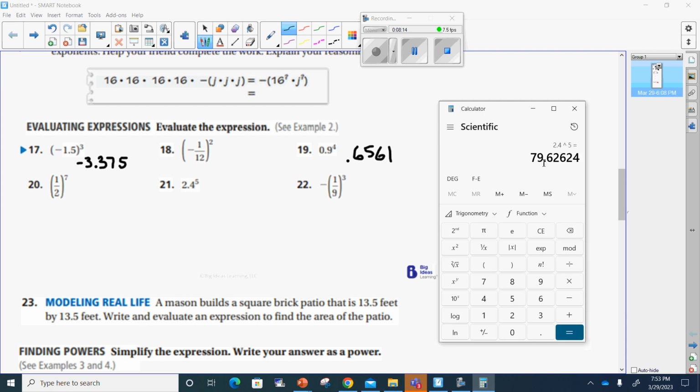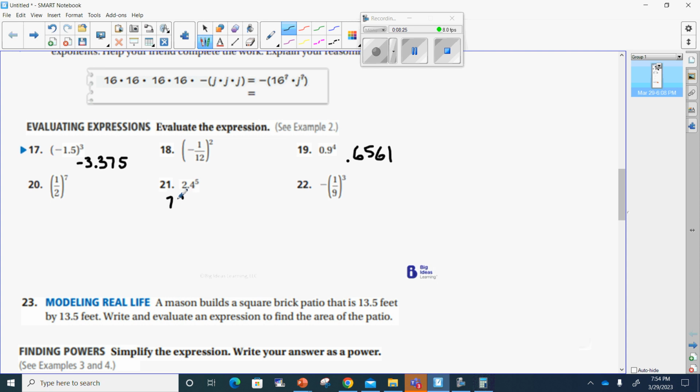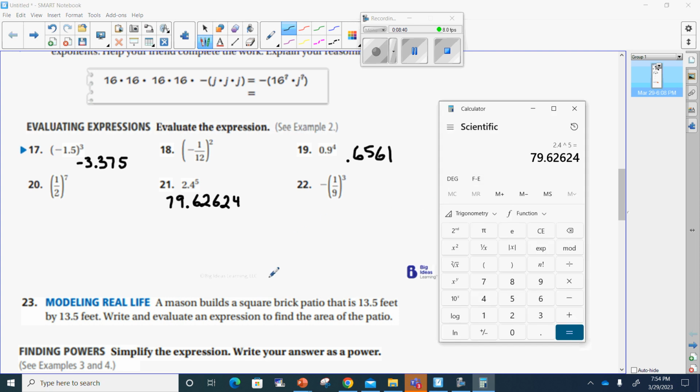And that's going to give us, well, that's a big number, 79.62624. And I'm going to double check that now. All right. Let's go to number 23 next.